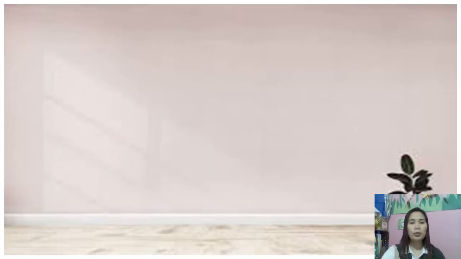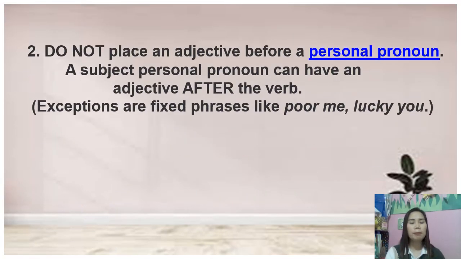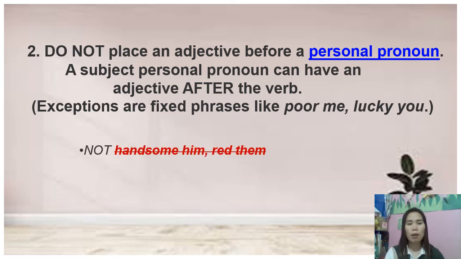So rule number 2, do not place an adjective before a personal pronoun. A subject personal pronoun can have an adjective after the verb. So we have some exceptions, like for example, the fixed phrases like poor me or lucky you. And here it is wrong to say handsome him, red them.